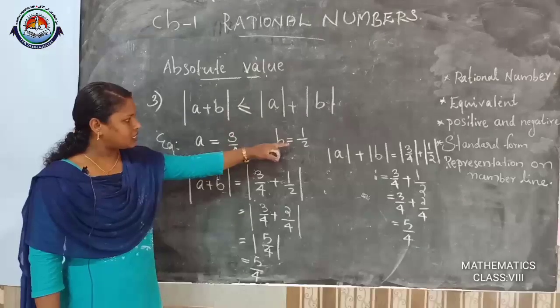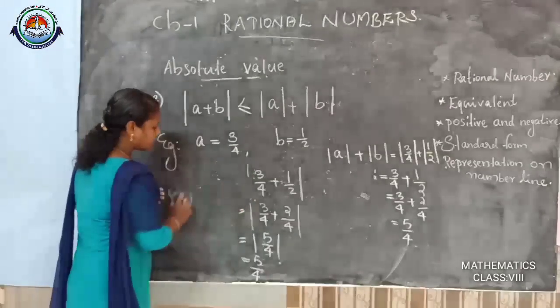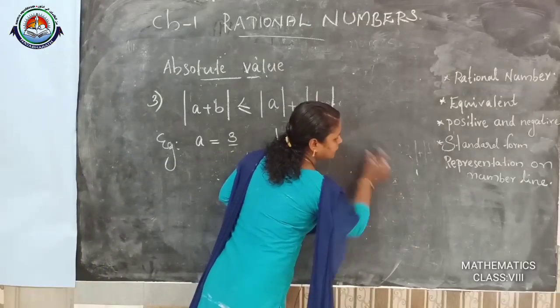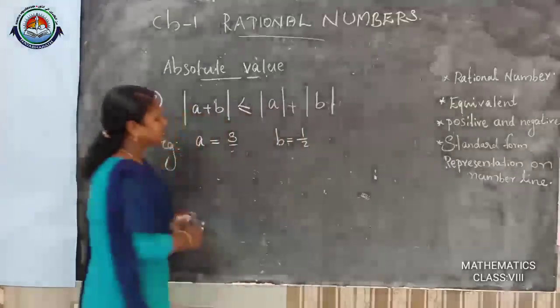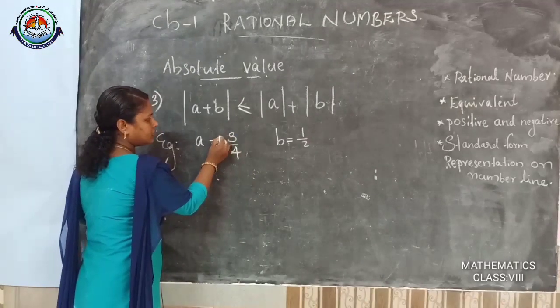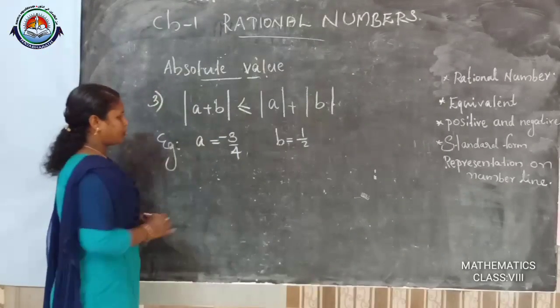Here two rational numbers are positive, and if one rational number is positive and another one is negative, there will be some changes. That is, suppose here instead of 3 by 4, I am just taking it as negative 3 by 4. Then same operation we can follow.